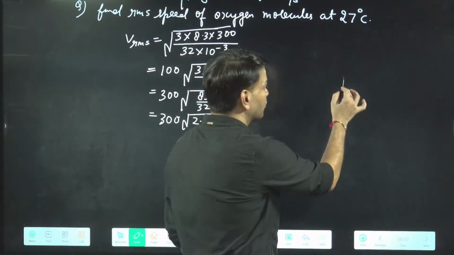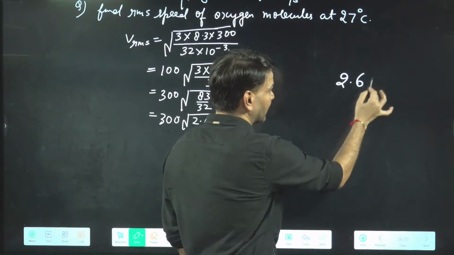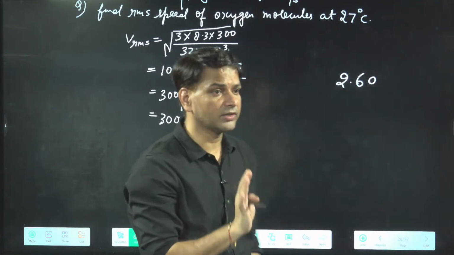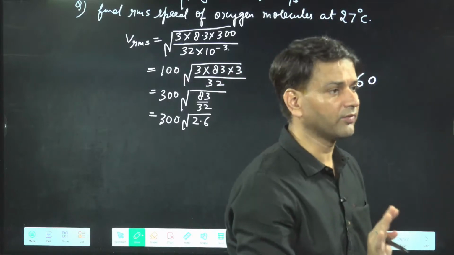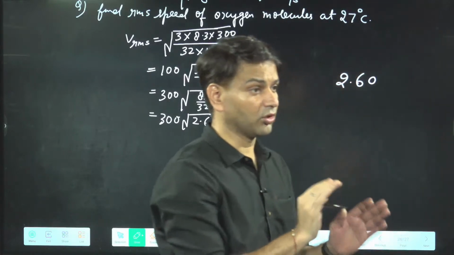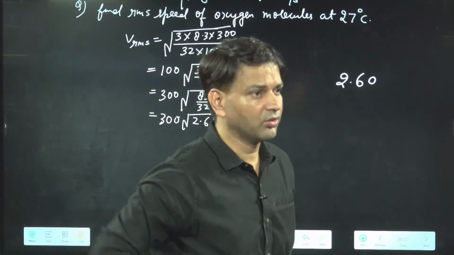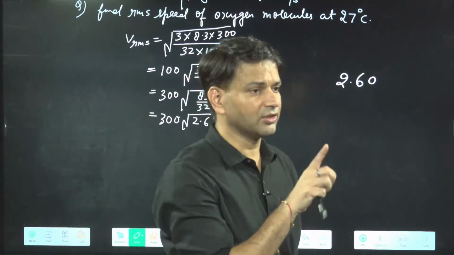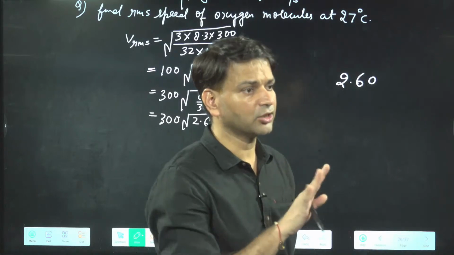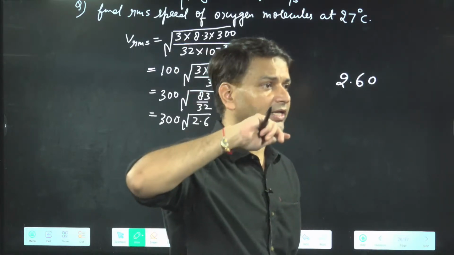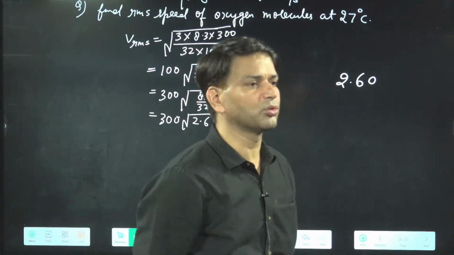So listen, 2.6 you can write up to decimal 2 place, when you have to find the root of a number with a decimal. Now you can read it as 260. So just think about any number whose square is closer to 260.